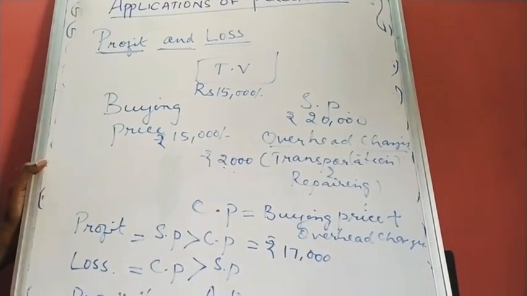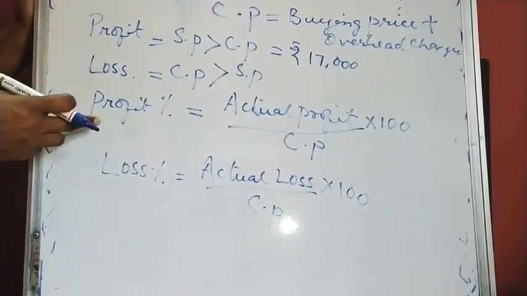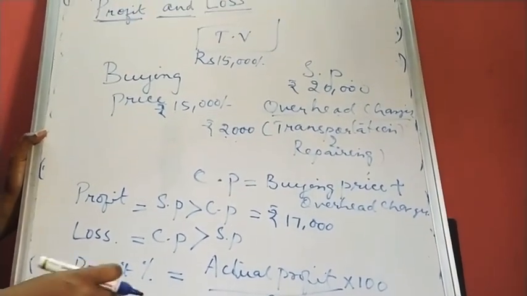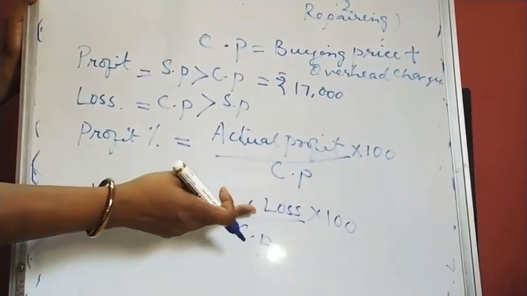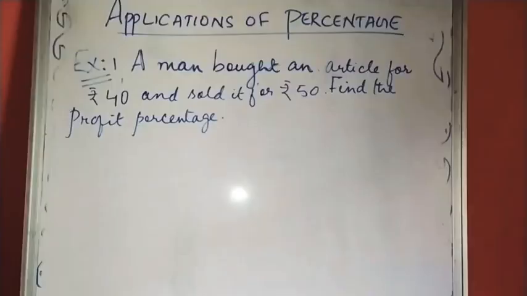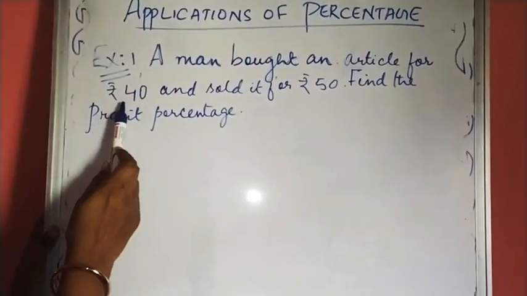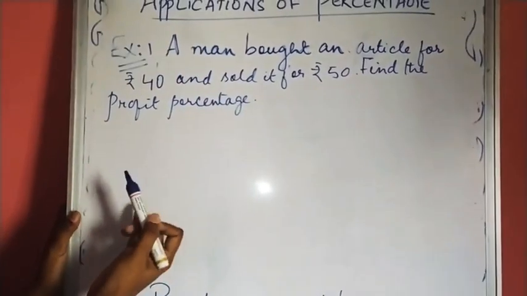So now let me do an example for you to help you to implement this and to know how to calculate the profit percentage when the cost price is given and when the profit or loss is given. The question reads, a man bought an article for rupees 40 and sold it for rupees 50. Find the profit percentage.